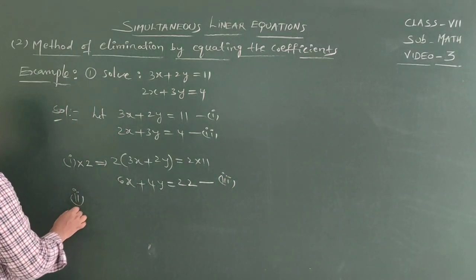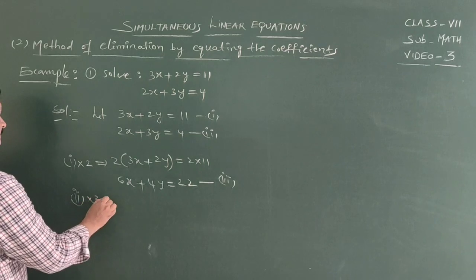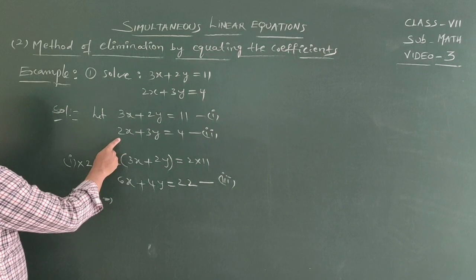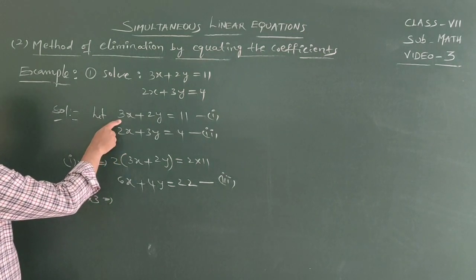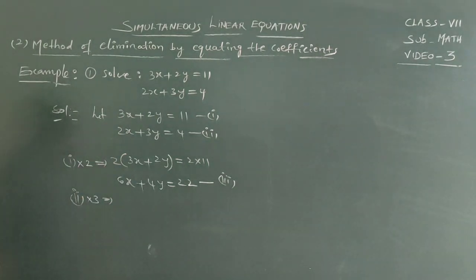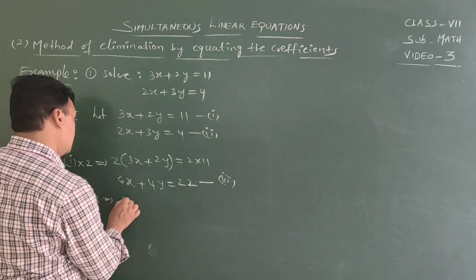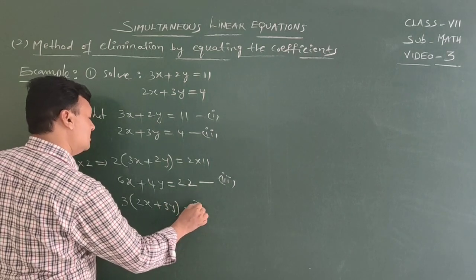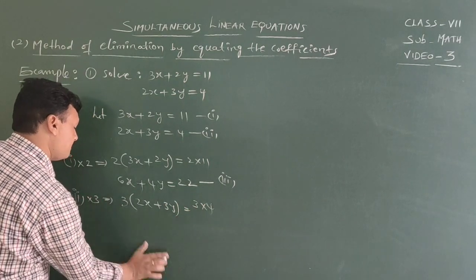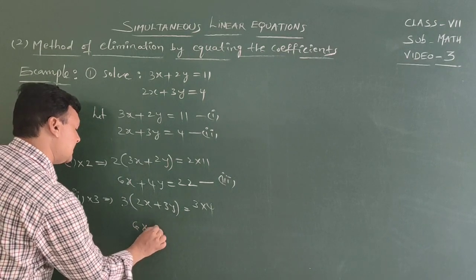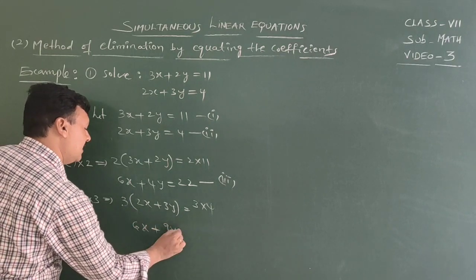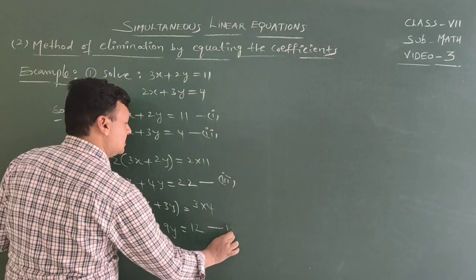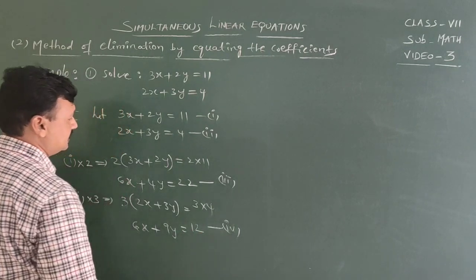Now equation 2 into 3, because LCM of 3 and 2 is 6. For getting 6, first equation we multiplied with 2, second equation we multiplied with 3. So 3 into 2x plus 3y equal to 3 into 4. Now 3 twos are 6x, 3 threes are 9y, 3 fours are 12. Be the fourth equation.